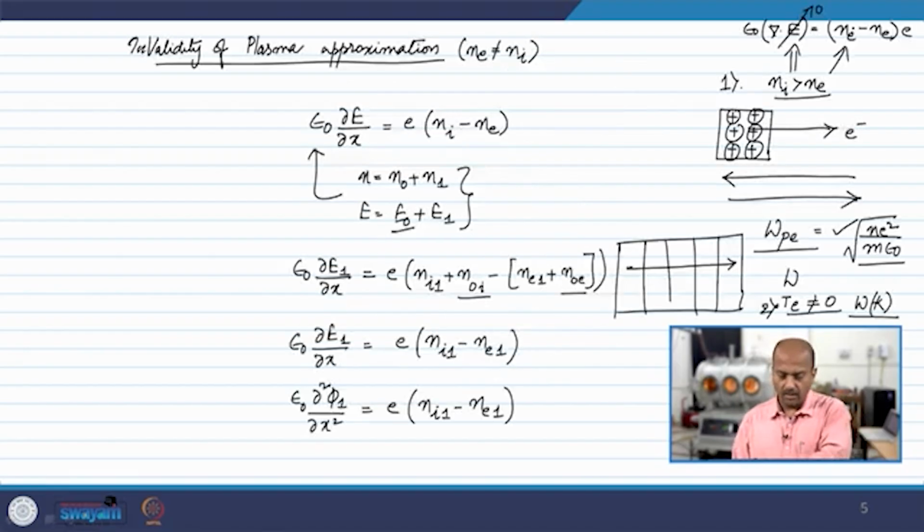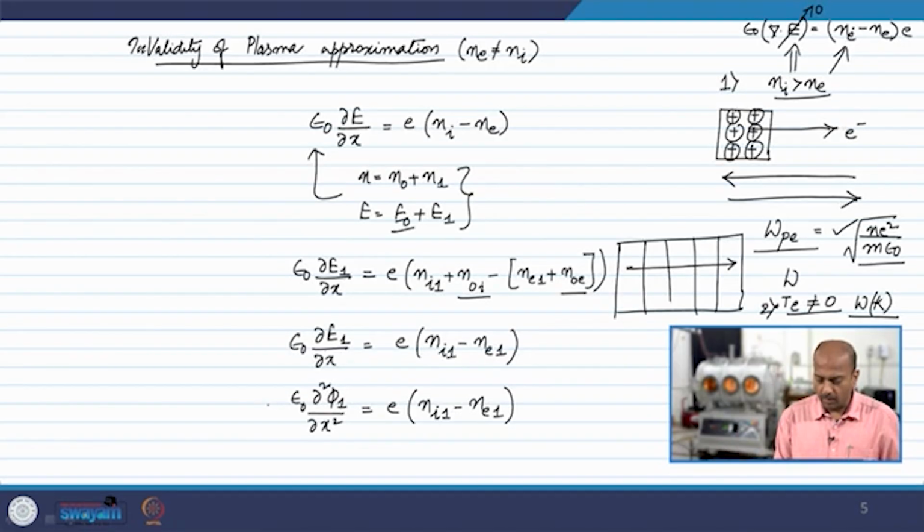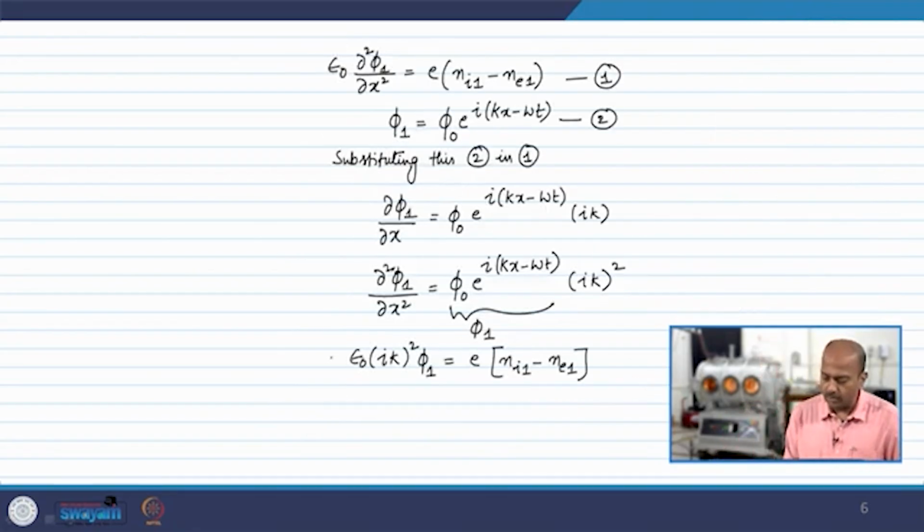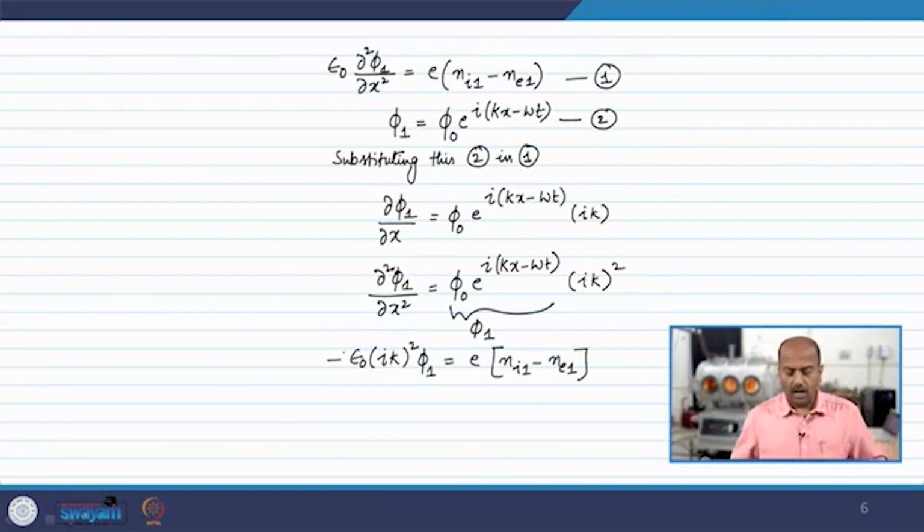While writing the electric field in terms of potential, I forgot to write a minus here, because E equals minus del phi. Using that minus, we have the equation as minus epsilon naught (ik) squared phi1 equals e times (n_i1 minus n_e1), right.